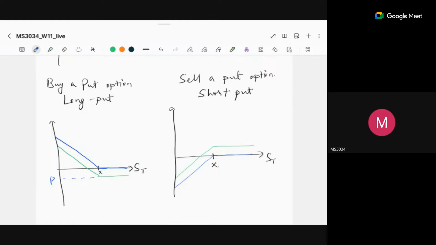So when you sell, when my stock price is more than the exercise price, the put option will not be exercised, and the payoff is 0 in that case. And prior to that, the payoff will be the negative of what it was under the long put position. So in this region, your payoff will be ST minus X, correct?